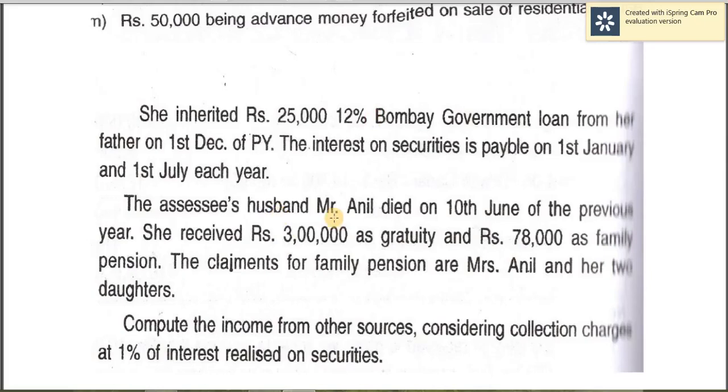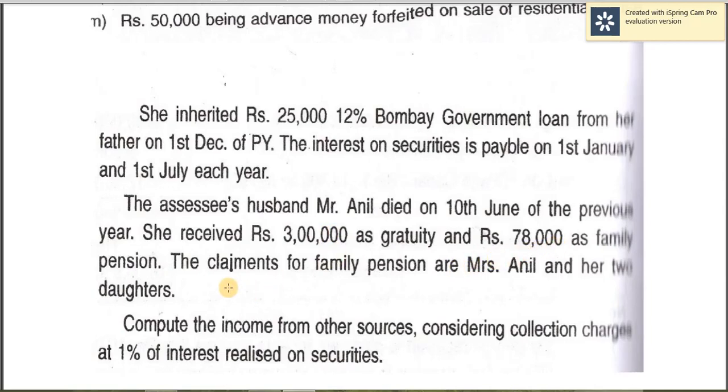The assessee's husband, Mr. Anil, died on 10th June of the previous year. She received rupees 3 lakh as gratuity and rupees 78,000 as family pension. Gratuity received by the successor of the deceased is totally exempt from tax.